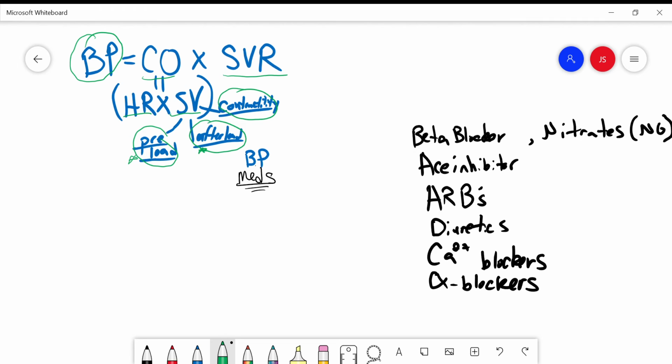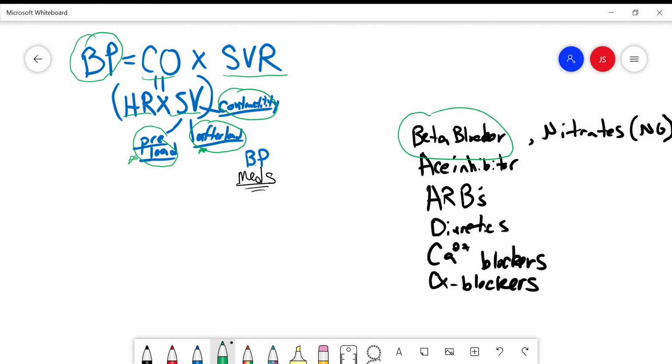But let's say we have a patient, and in order to adjust their blood pressure by medication, we use a beta blocker. Which of these factors, cardiac output, stroke volume, heart rate, contractility, afterload, preload, systemic vascular resistance, is the beta blocker affecting?